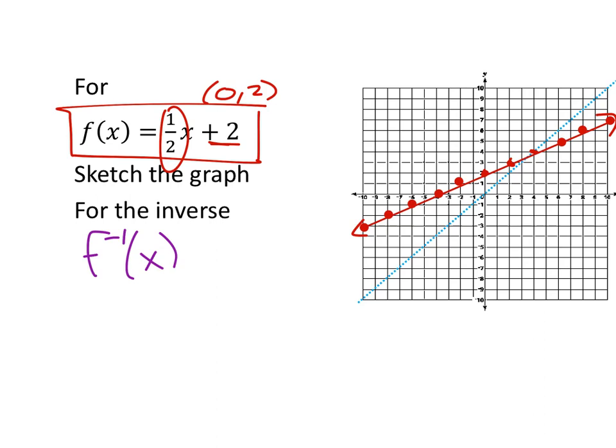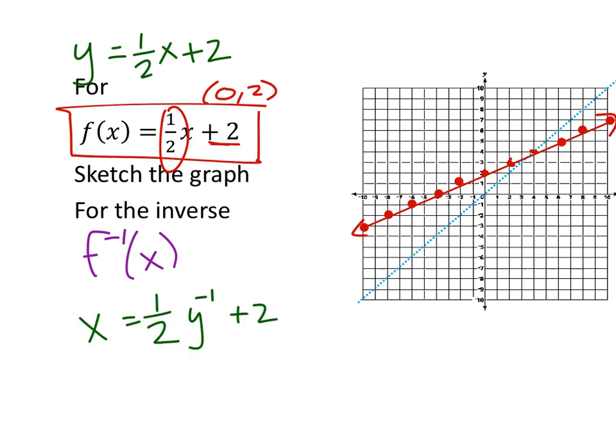Now if we went through each of these points and inverted them, we would be fine. We wouldn't necessarily need the inverse function. But just as a quick reminder on how to find that inverse function, this would have been y equals 1/2 x plus 2. So for the inverse, we're just going to switch the x and the y around and then solve for y.